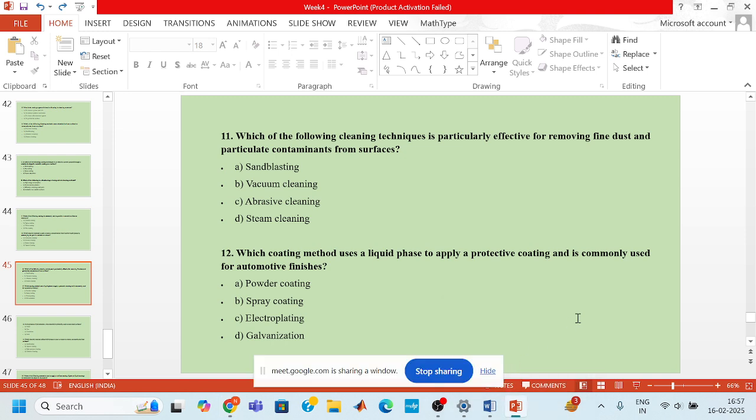Now, question number 12 is which coating method uses a liquid phase to apply a protective coating and is commonly used for automotive finishes?